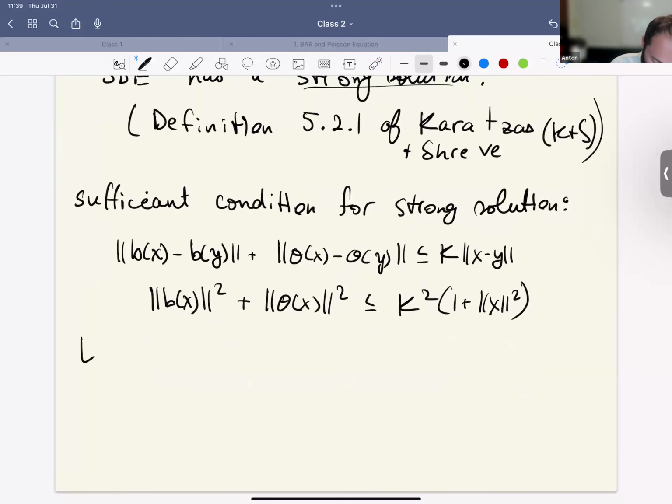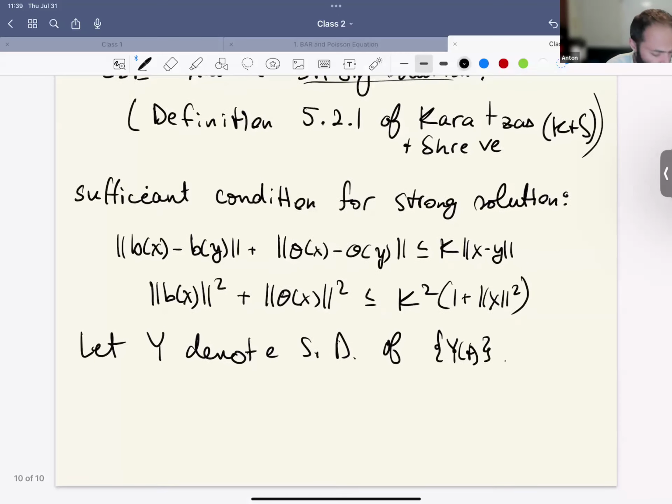Okay, let Y denote the stationary distribution of the stochastic process, which we assume to exist and be unique, and we're going to assume that the diffusion is ergodic.